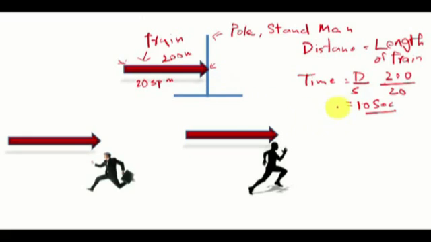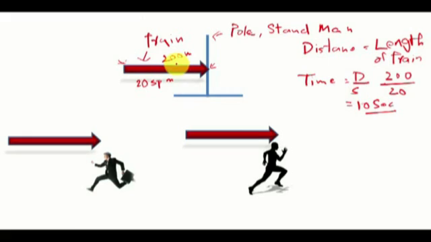Okay. So in a nutshell, what I want to explain is that when a train is crossing a pole or a standing man, the length of the train itself is the distance, and there will be only one speed, that is the speed of the train. The time to cross the pole or standing man is equal to distance by speed, which is the usual formula.